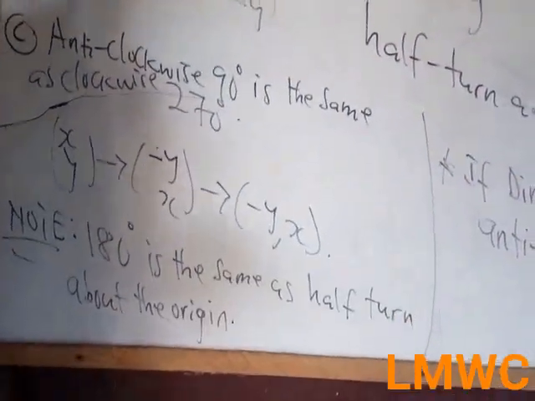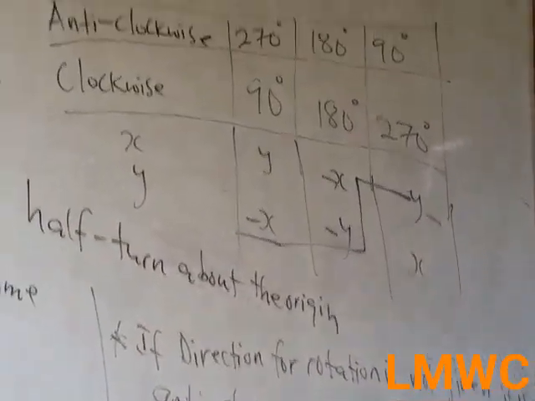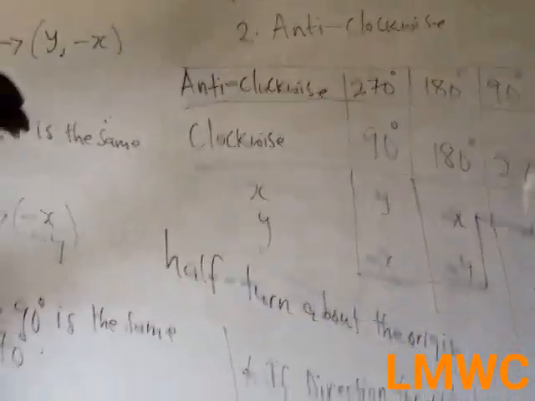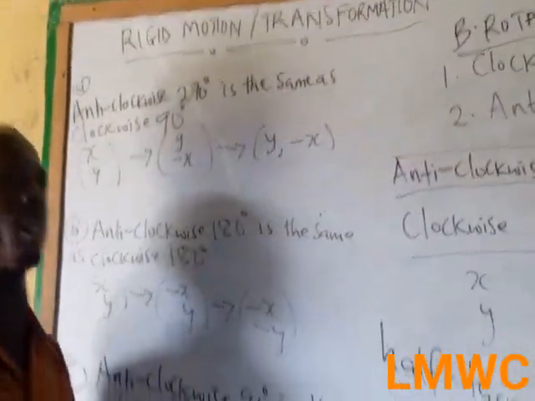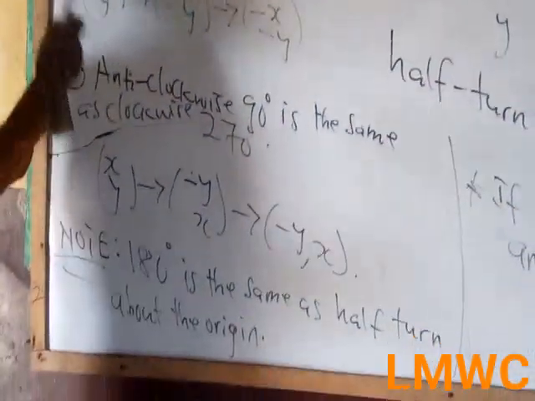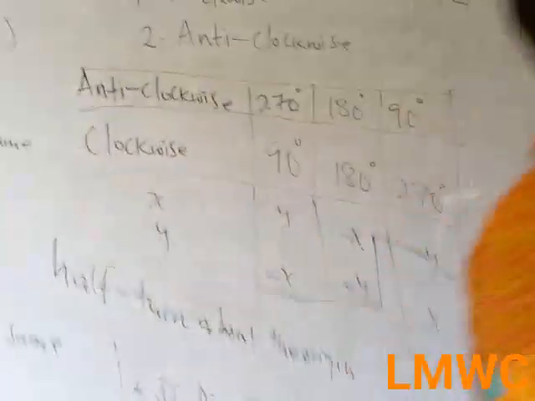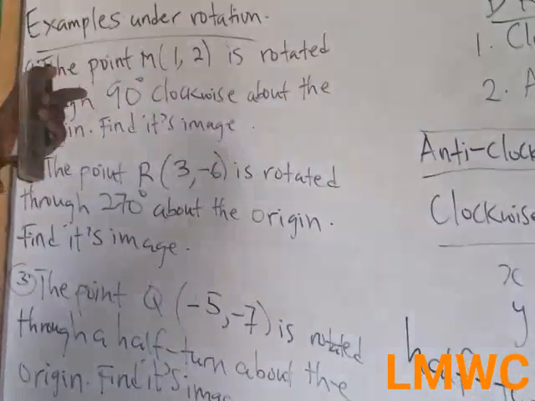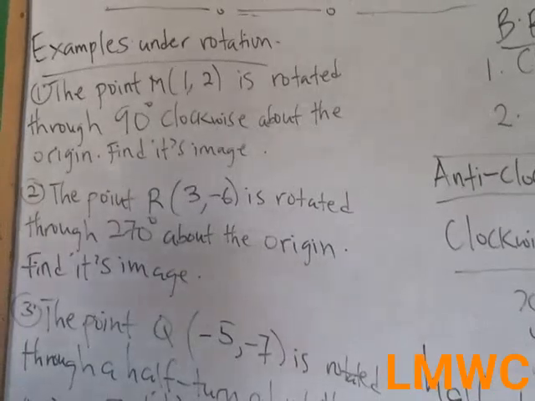So I'm going to give about 3 examples under rotation. When we move on to the graph sheet, we will be writing down the formulas, but I just want us to solve 3 examples. Example 1: The point M(1, 2) is rotated through 90 degrees clockwise about the origin.